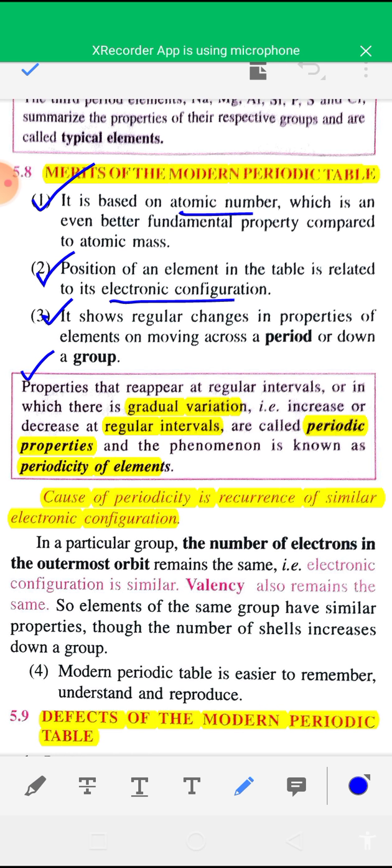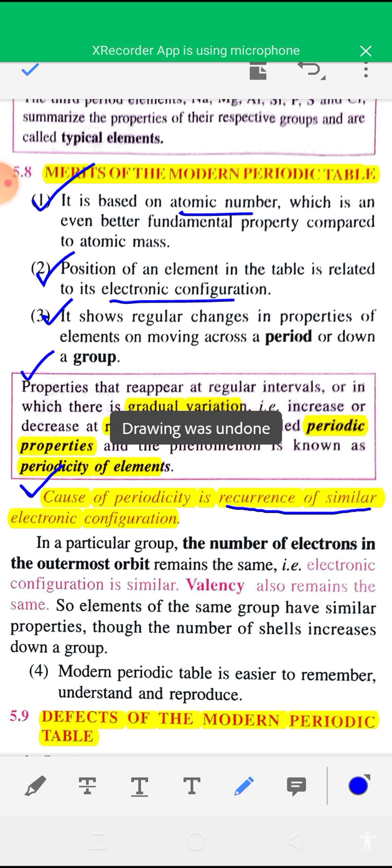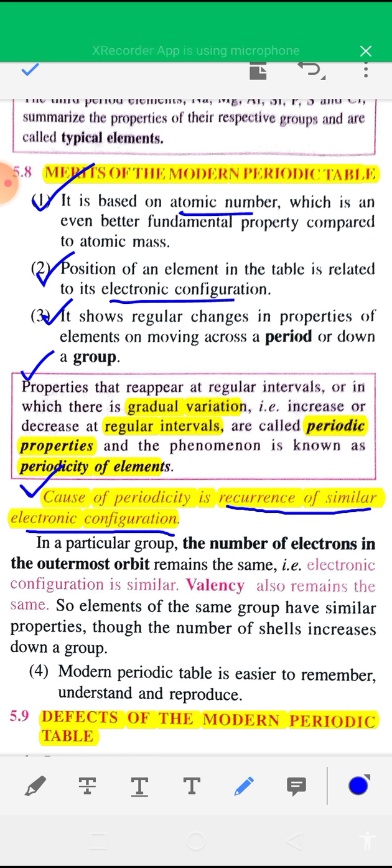And what is the cause of periodicity of elements in the modern periodic table? The cause of periodicity is recurrence of similar electronic configuration after a certain interval. Okay, so the cause of periodicity is recurrence of similar electronic configuration.